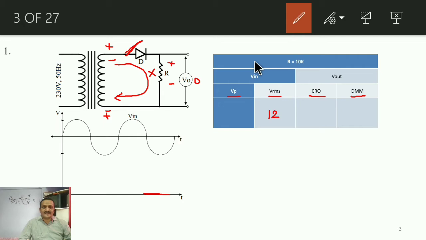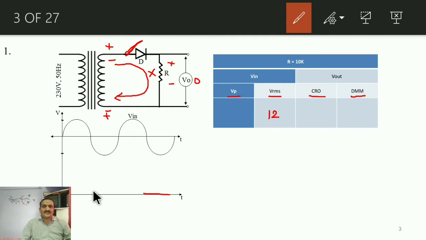Clear? So just imagine, if a DMM is connected across the same terminals, along with the CRO, the rotary switch of the DMM should be placed on DC voltage measurement. It will measure the average value of the pulsating DC occurring during each positive half cycle. So what is its average value?